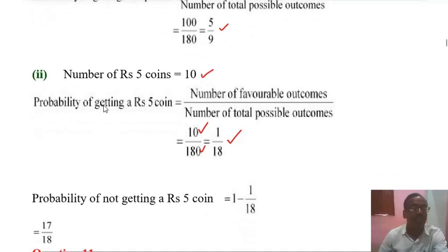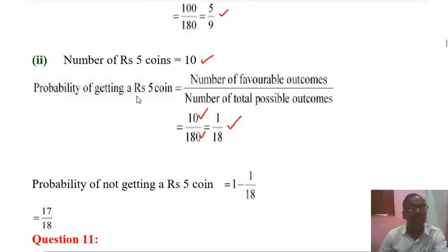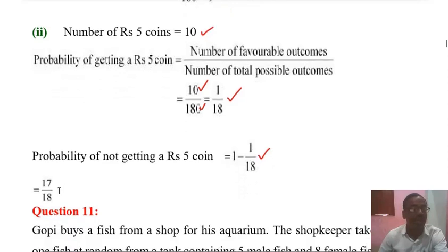So this is the probability of getting a 5 rupees coin. The probability of not getting a 5 rupees coin will be 1 minus 1 by 18. After the calculation, we get 17 by 18. So I hope there is no problem understanding the solution of parts 1 and 2 of question number 10.